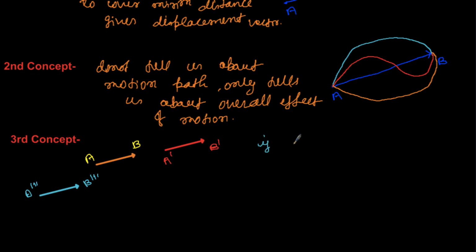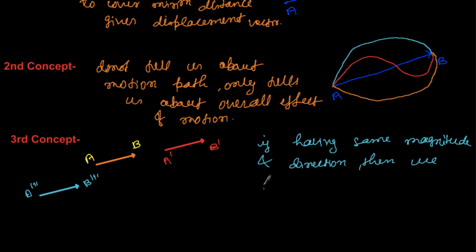Displacement vectors having the same magnitude and direction can be shifted to different places. We can shift their places.